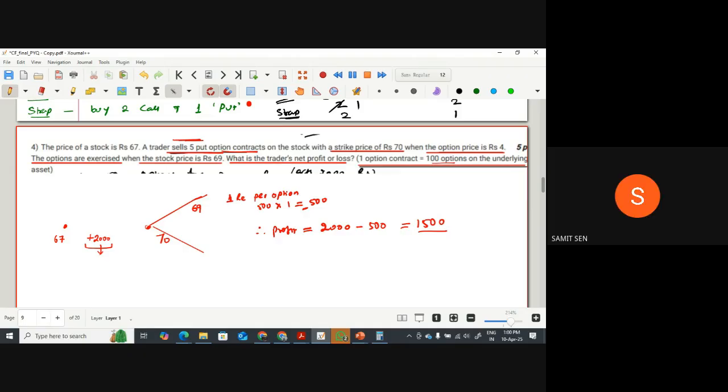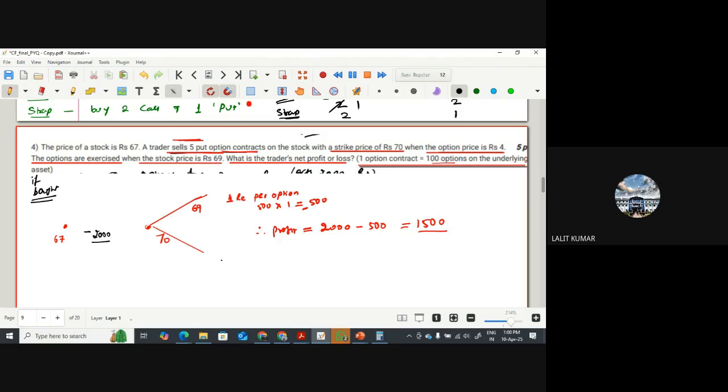Okay. Now, if I ask you the same question, and if I tell you that instead of selling, he had purchased. So if he has bought, it means he is paying how much? 500 into 4, 2000 rupees.